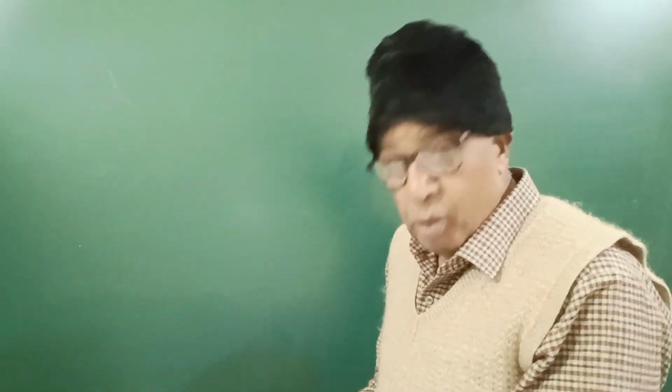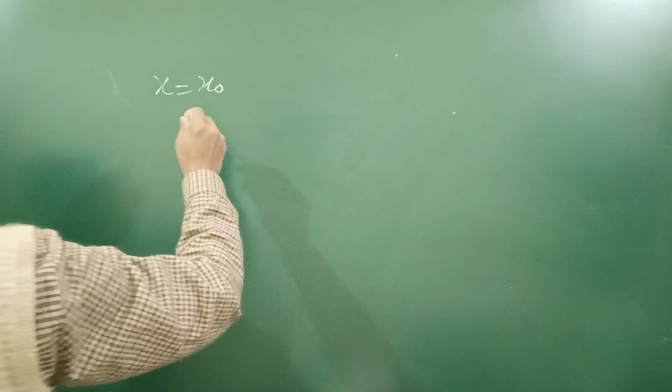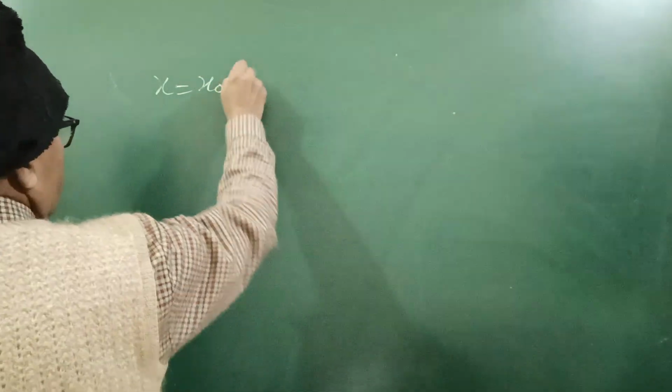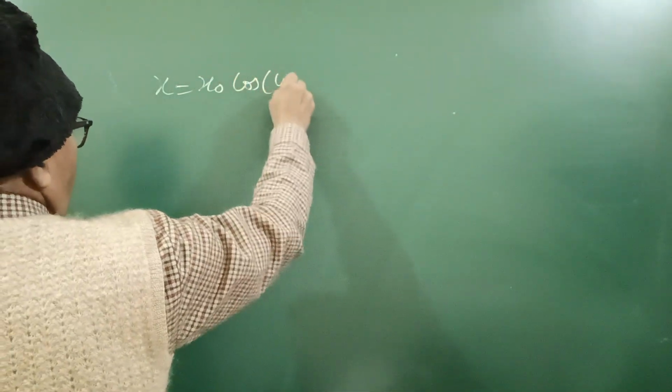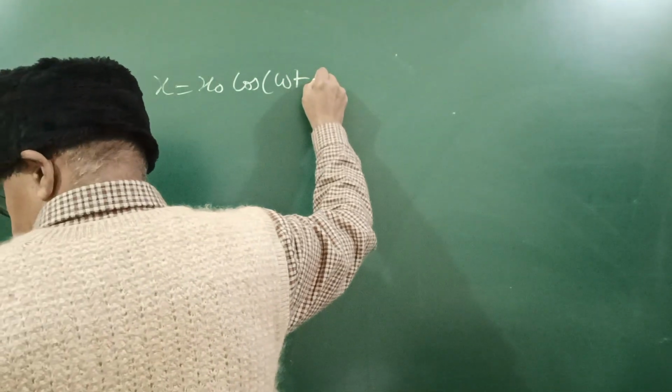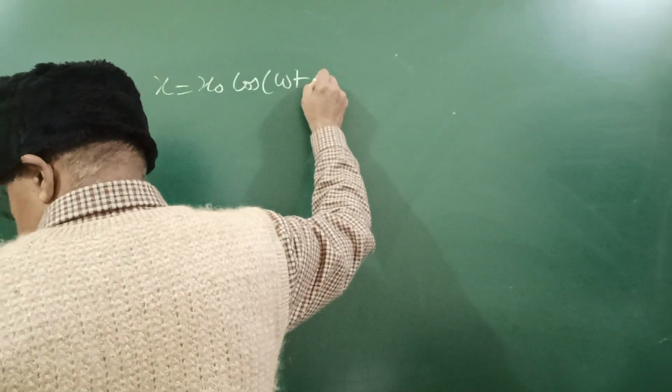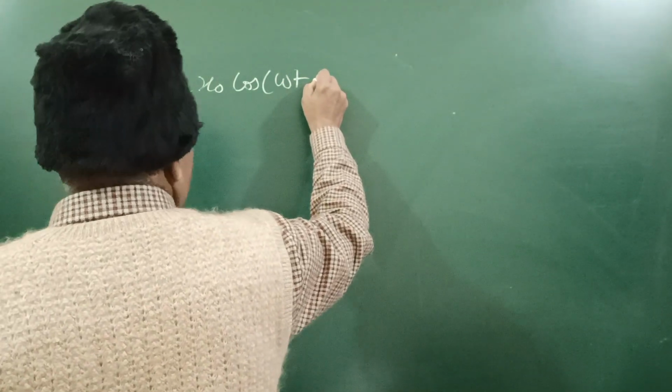Now the next question here is again a good question. A point mass oscillates along the x-axis according to the law x equal to x0 cos (omega t minus pi by 4).